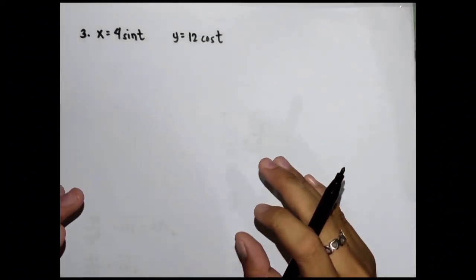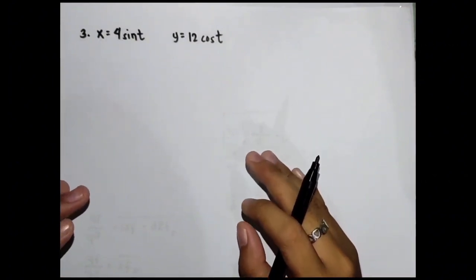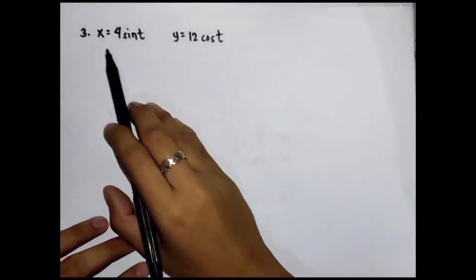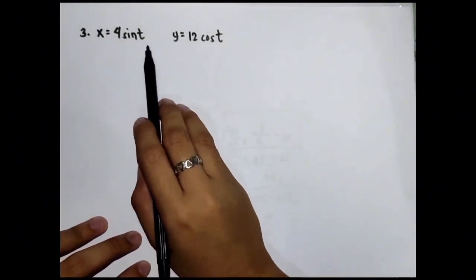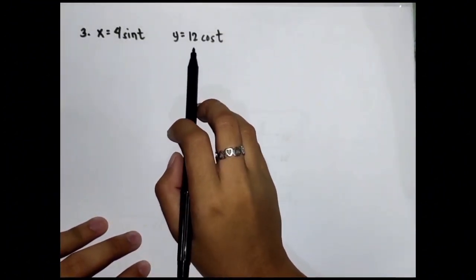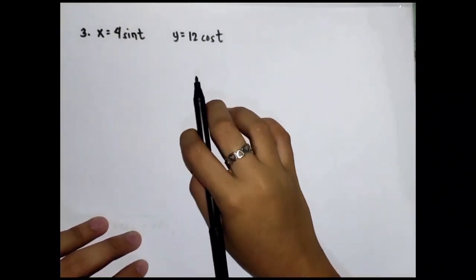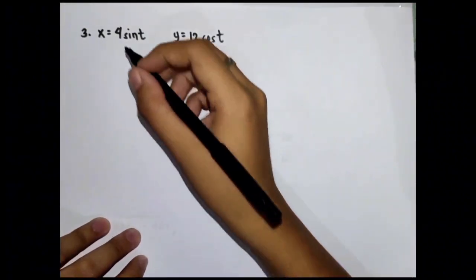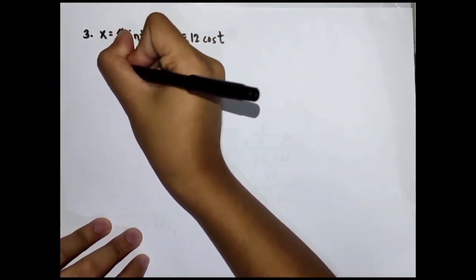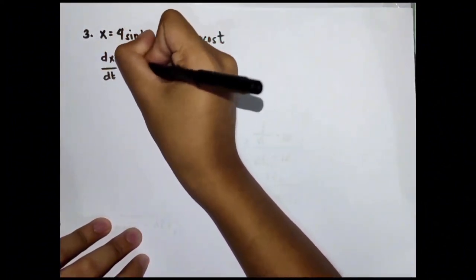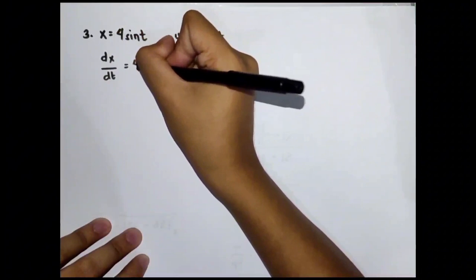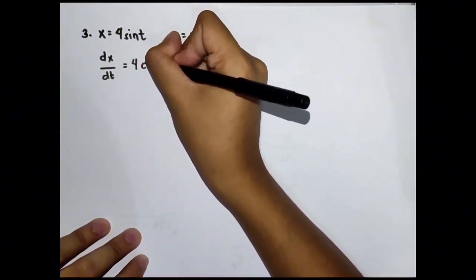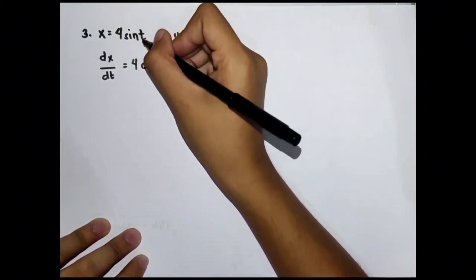Let's dive deep on our example number 3 involving trigonometric functions. Given x equals 4 sine t, y equals 12 cos t. Derivative of x, copy 4, and find the derivative of sine equals cos, and copy t.